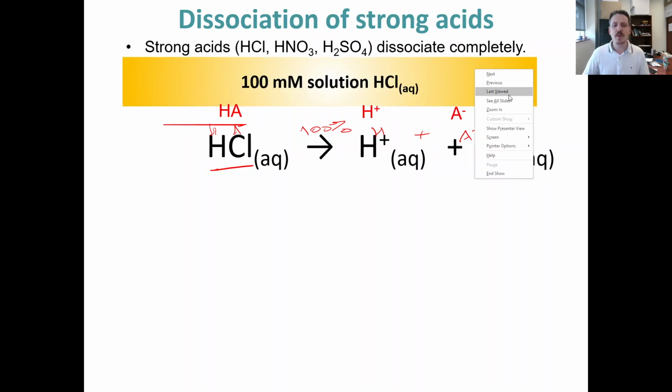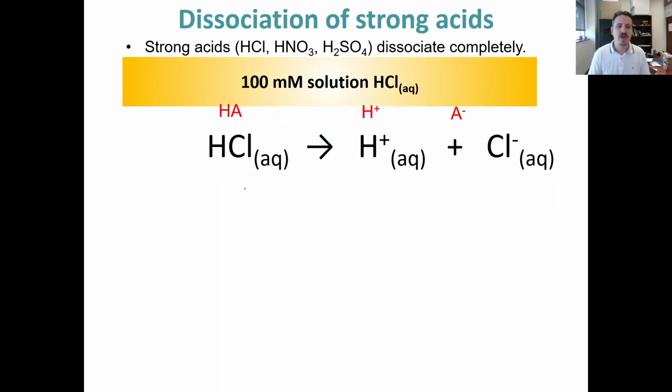Now, what if we had a 100 millimolar solution of HCl? Well, that means that this is 100 millimolar before the reaction happens, and then it's going to become 100 millimolar and 100 millimolar, and this is all going to react, so you're going to have none of it left.